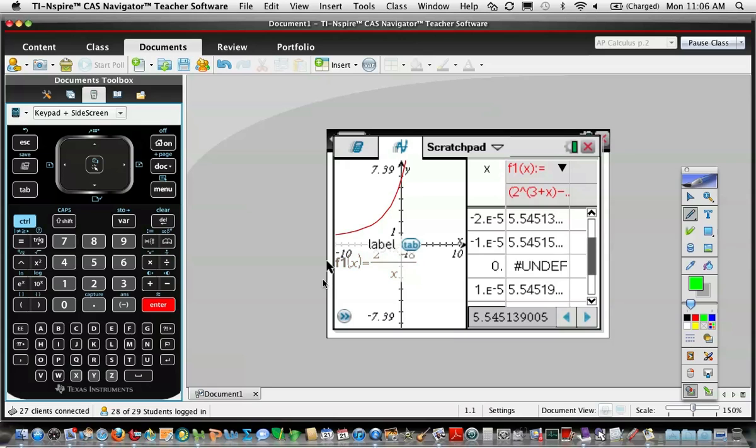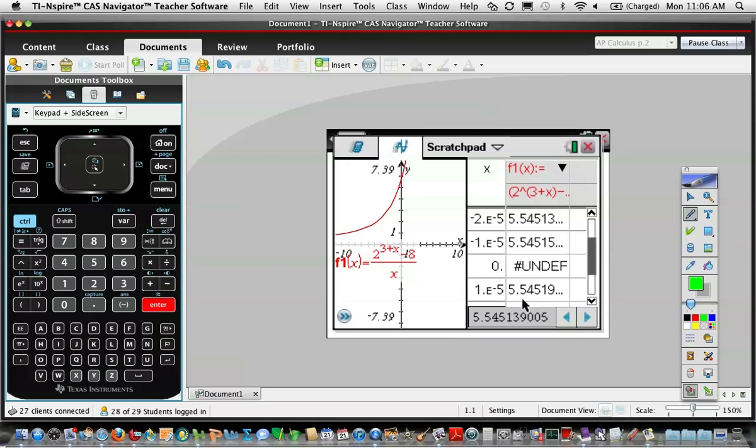Now, where do I care about on my table? Careful. What is my limit? As h, we're not using h now, we're using x. As x approaches 0, right? The 3 was something different. So my table's good. 5.545 something it looks like on both sides. Would you agree? So this limit is 5.545.